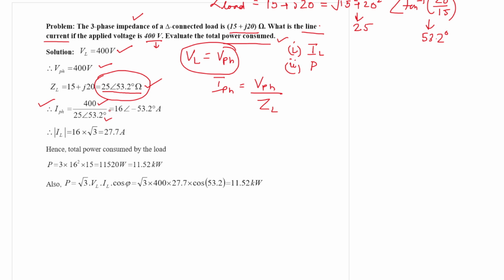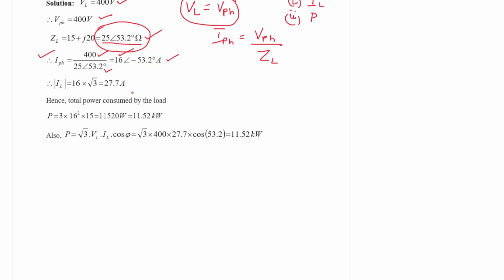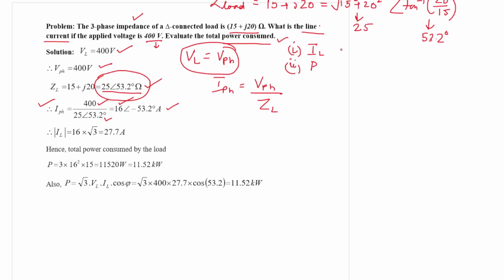If you solve this, it will come 16 ampere at an angle of minus 53.2 degree. So the magnitude of the phase current is 16 ampere. Line current is root 3 times phase current, so root 3 into 16 gives line current as 27.7 ampere.